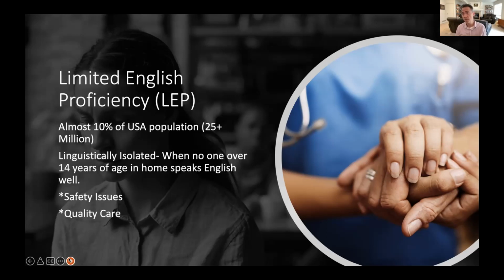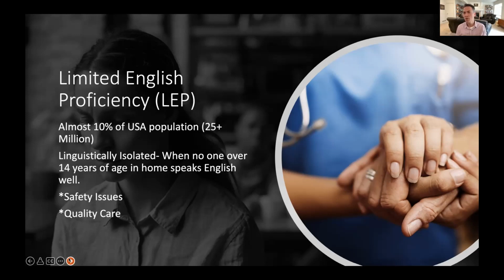So one of the big things when you're working with patients is, are they socially isolated? If you don't have anyone to talk to, you can become socially isolated, which could lead to multiple types of anxiety and depression. But there are also safety issues if you cannot pick up the phone and call 911, which we use in the United States.